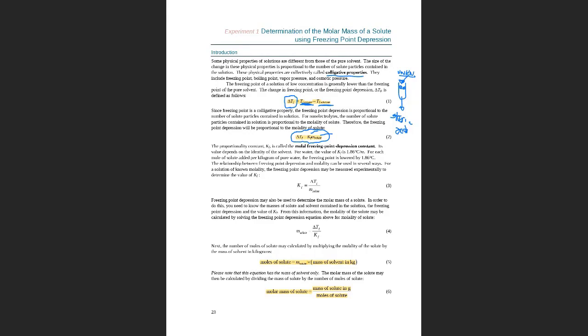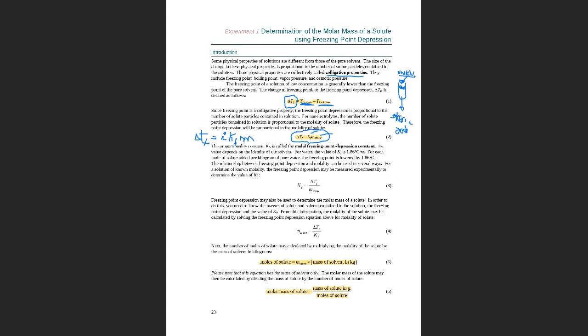Otherwise, for the freezing point depression, you have to consider the van 't Hoff factor. So basically, you have to add this i, that is the van 't Hoff factor. The Kf is the freezing point depression constant, and the constant is different for each solvent.